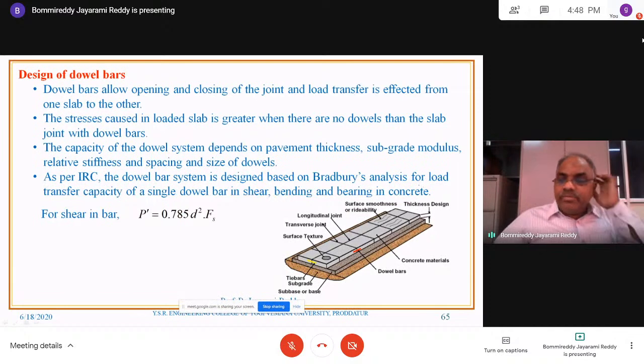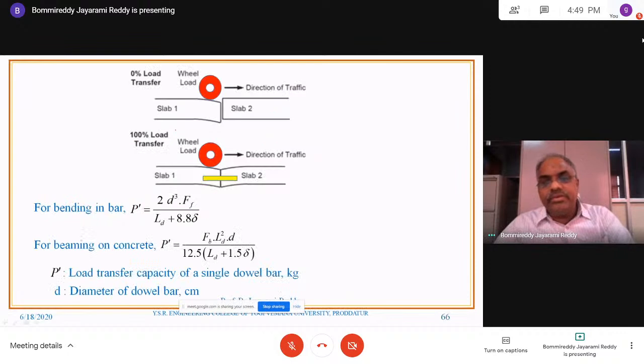Then design of dowel bars. So what is the main purpose of dowel bars? Dowel bars allow opening and closing of the joint, and load transfer is effected from one slab to the other slab. So you can look at the joints here. This is a cross section of one slab, slab 1. It is a cross section of the other slab.